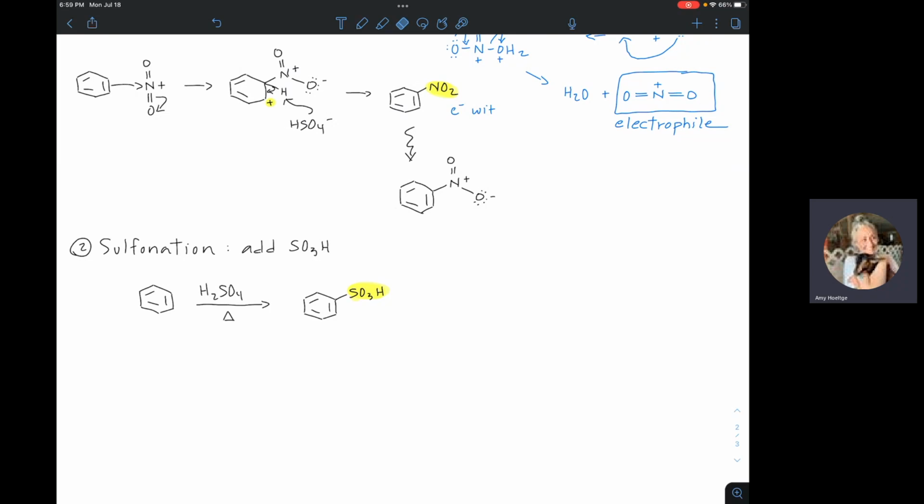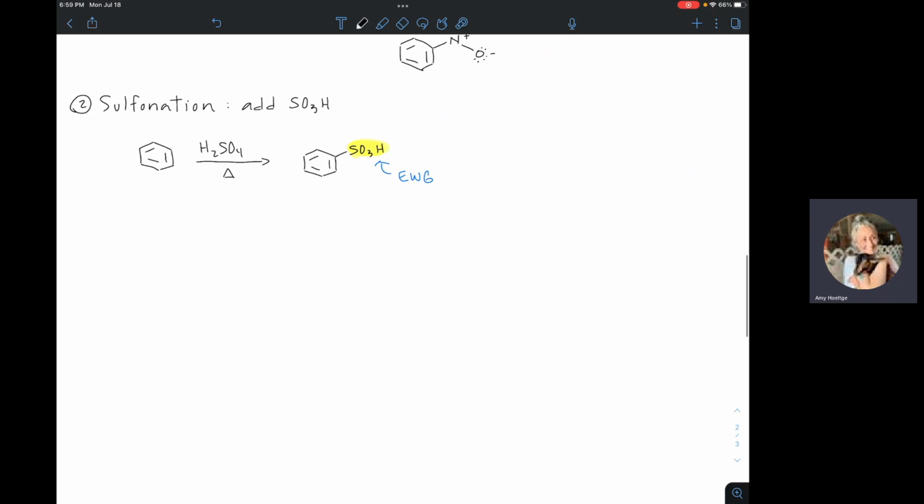Well, you know what? Let's just abbreviate it so that we can save time. So that's an electron withdrawing group. Same goes with that. So it's pulling electron density away from the ring, and that electron density is what we're hoping to use to attack another electrophile, if that's what we choose to do.